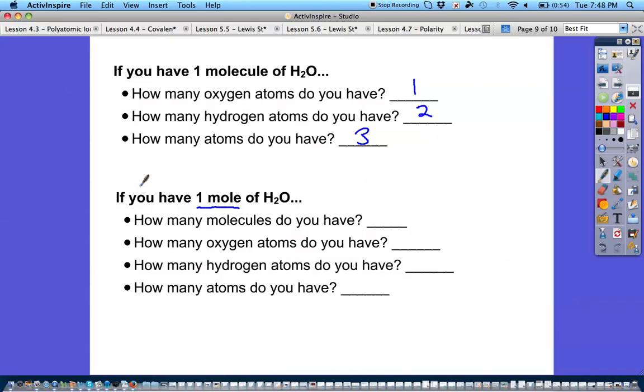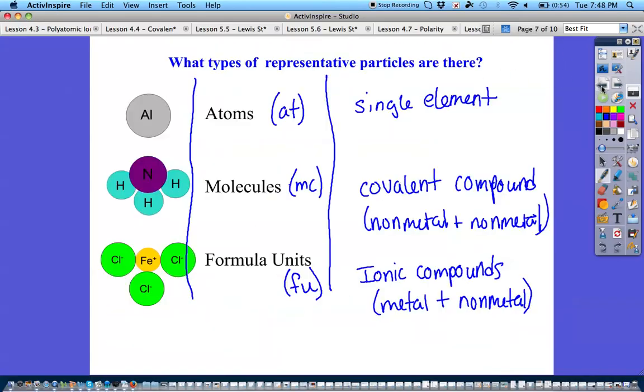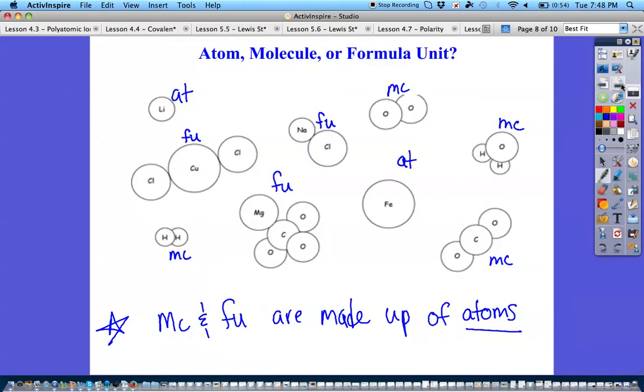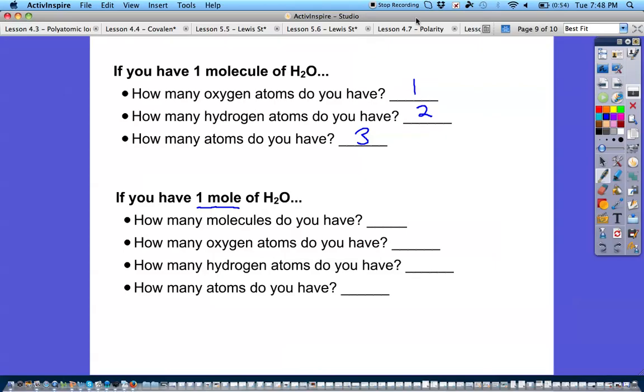So in 1 mole, remember we said that 1 mole equals Avogadro's number, 6.02 times 10 to the 23rd.